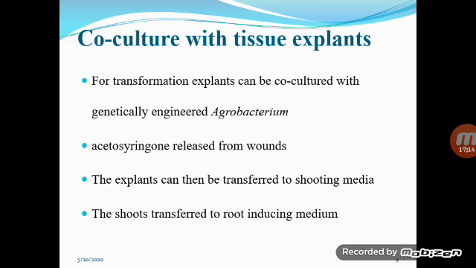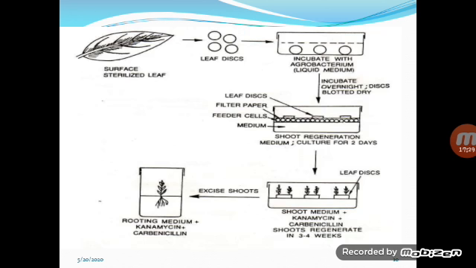Shoots are separated and transferred to the root inducing medium, and finally after a few weeks are transferred to the soil. This is an overall view of co-culture with explant plant. Here the explant is a plant leaf. We will use this leaf disc.